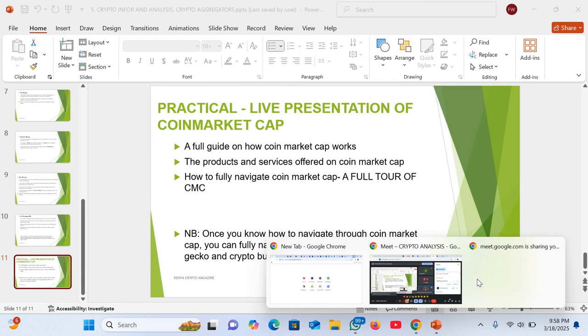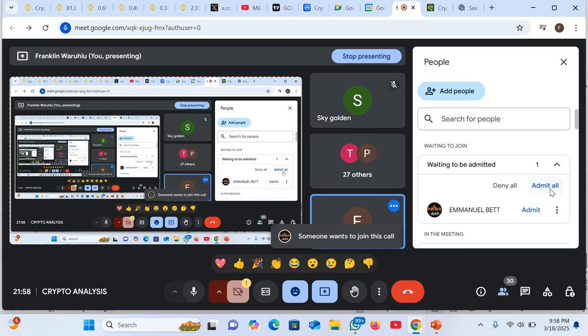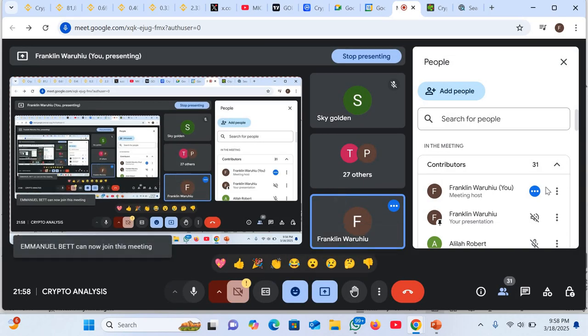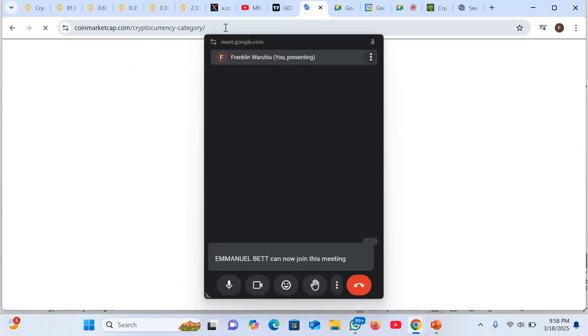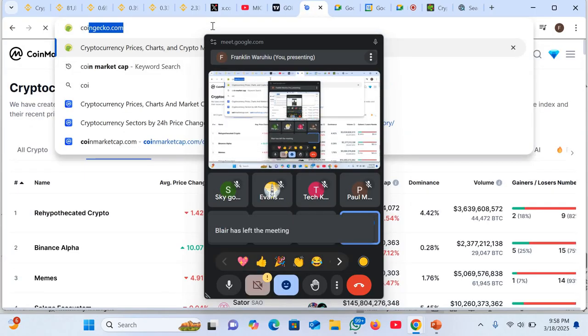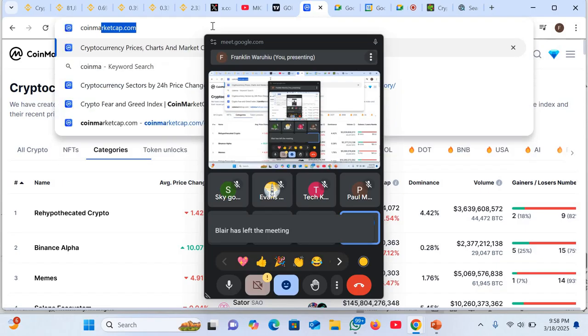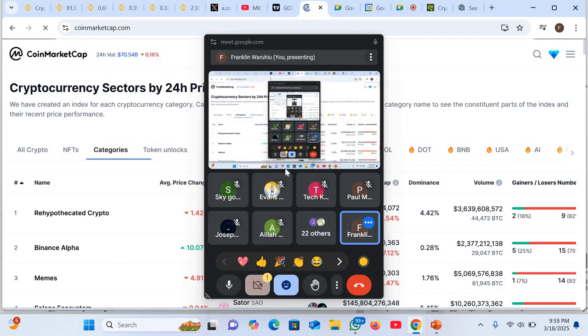So let me open CoinMarketCap, and also on your phone or on your laptop, you can search coinmarketcap.com.